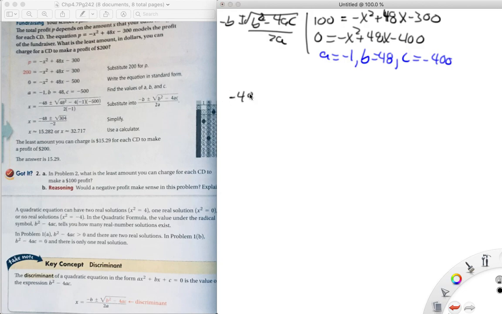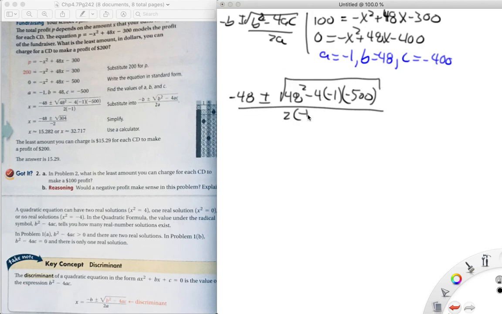Negative 48 plus or minus the square root of 48 squared minus 4 times a, which is negative 1, times c, which is negative 400. All that's being square rooted, over 2a.